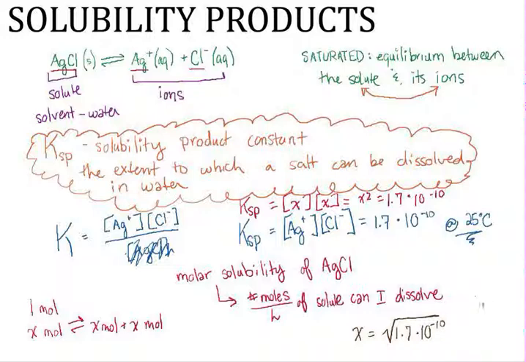Which ends up being, when you guesstimate it, just about 1 and some change. Call it, I don't know, like 1.3 times 10 to the negative 5. So essentially what that means is that 1.3 times 10 to the negative 5 moles can be dissolved per liter of solvent for AgCl.